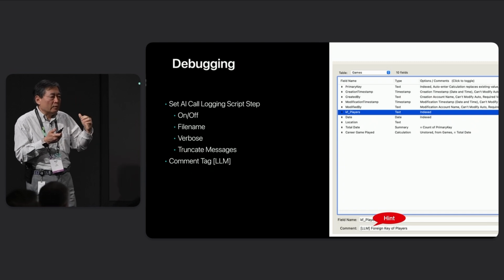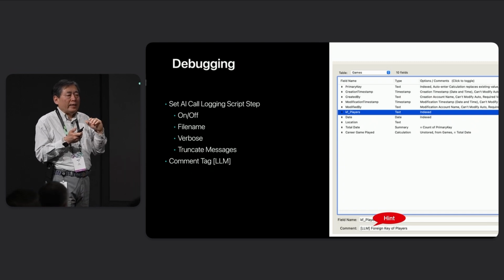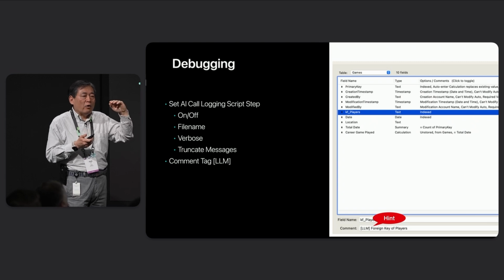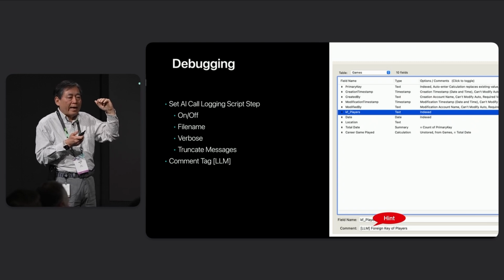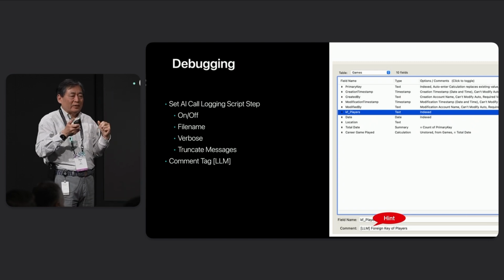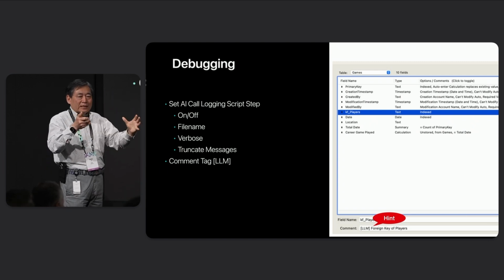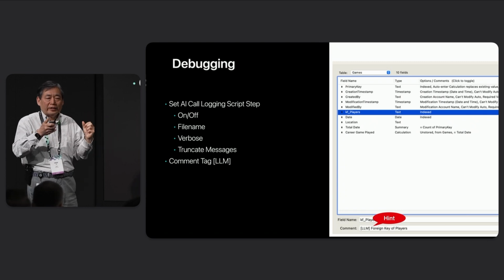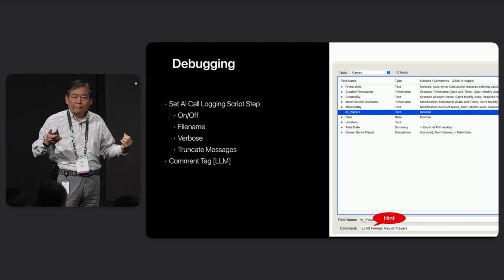Simply put, you treat the LLM as an expert DBA. You just treat it as a person, an expert DBA. You explain what your schema is, and they will generate the correct SQL statement for you.